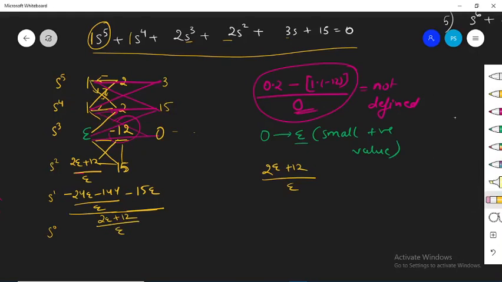Let me write this below. This is the overall value that you are getting.